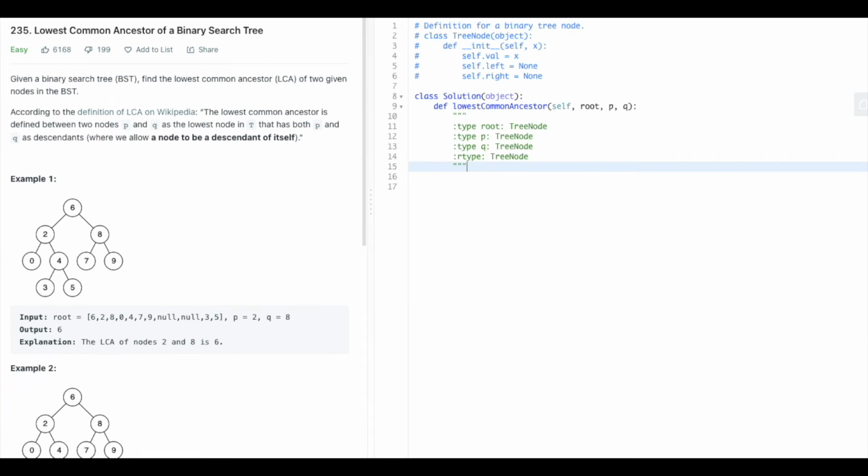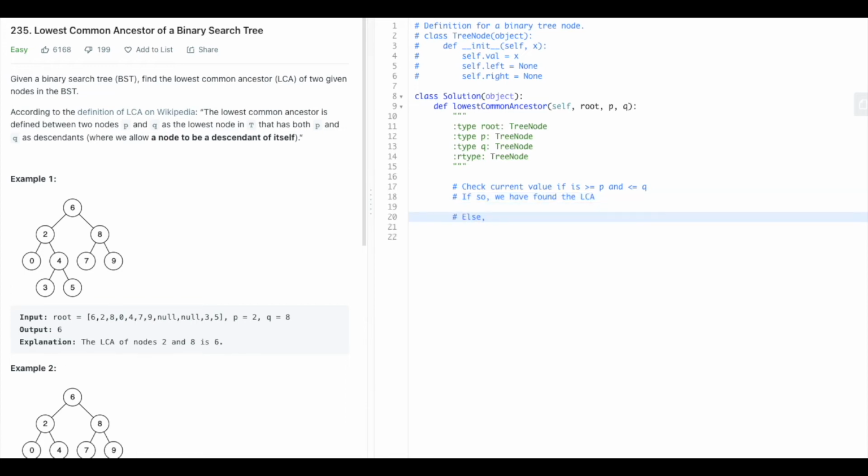Okay, so as always, let's start with some pseudocode. We simply check the current value: if it's greater or equal to P and less than or equal to Q, then we have found the LCA.